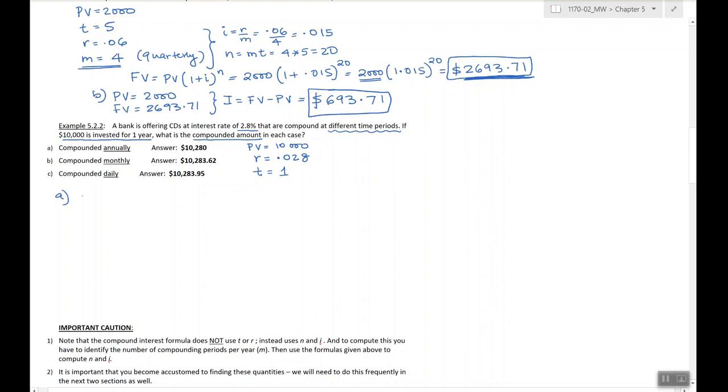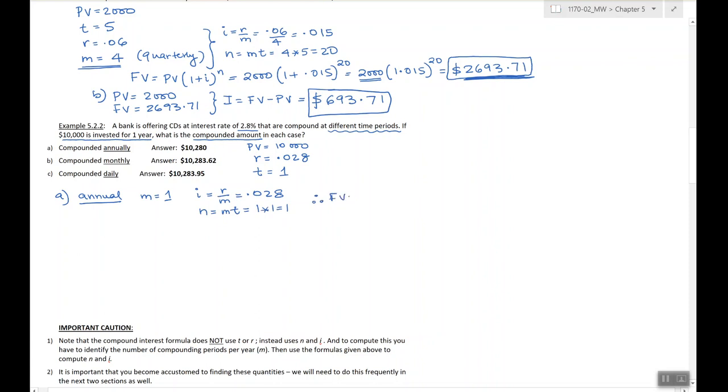So in part A, since it's annual, M is 1. If M is 1, my I, which is R over M, is 0.028, and N, which is M times T, is obviously 1 times 1, which is 1.